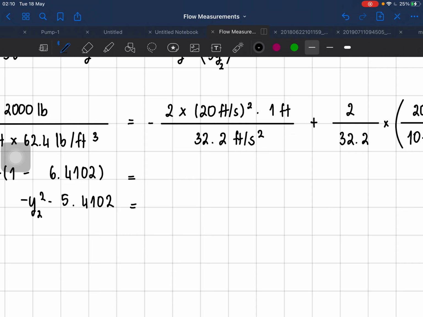2 times 20 times 1 over 32.2. So the answer is minus 1.24. It's squared, so I'll just leave it there.